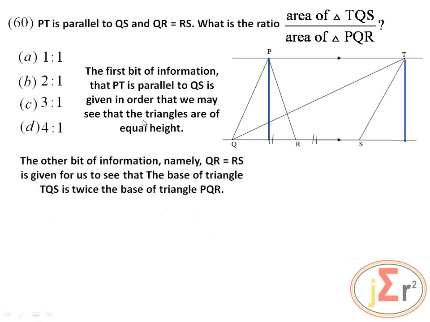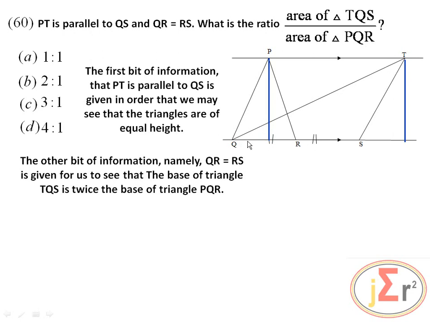The other bit of information, namely QR is equal to RS, is given for us to see that the base of the triangle TQS is twice the base of triangle PQR. So QR is equal to RS.